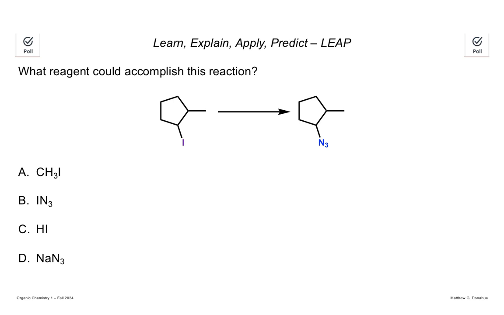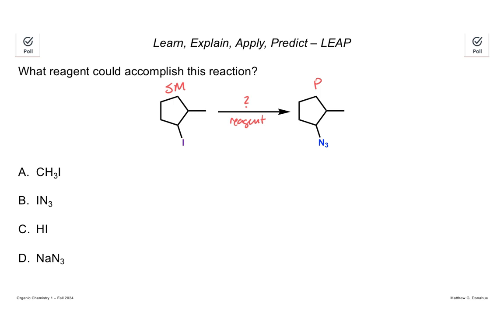So here's another common type of problem that you'll see. In lab, we just say starting material and product, so SM or P, and then what reagent would carry out that transformation.